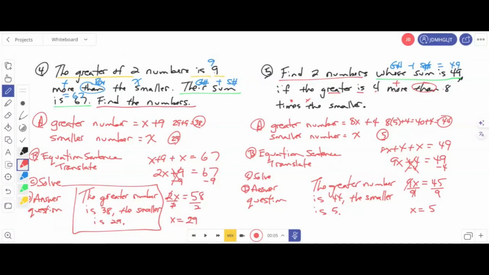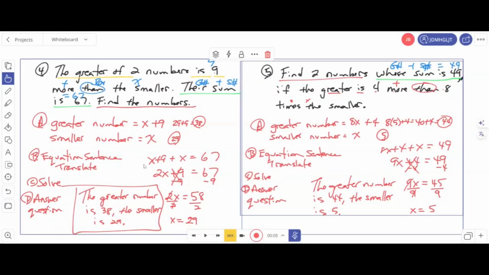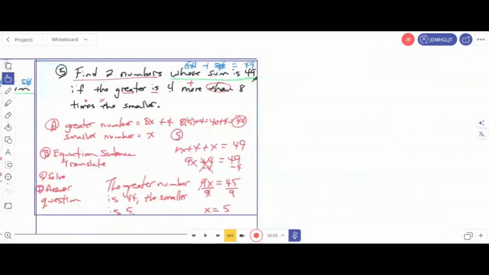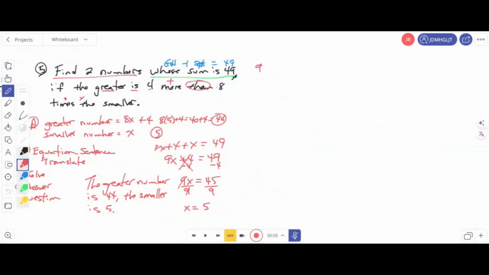All right, now I want to look at number 9. Look at what happens to us on number 9. The sum of 3 numbers is 45.